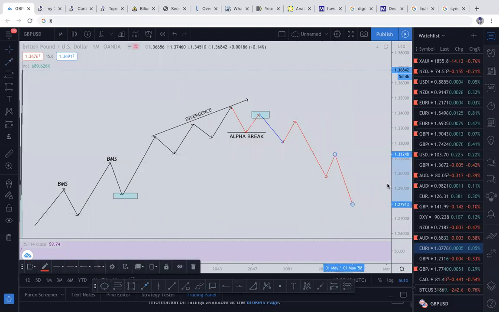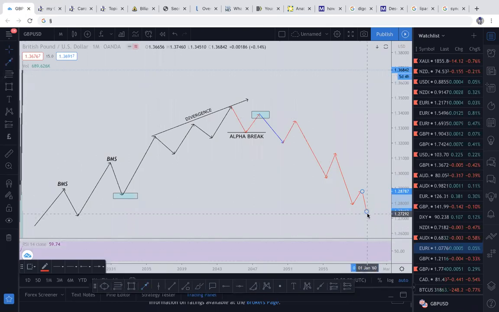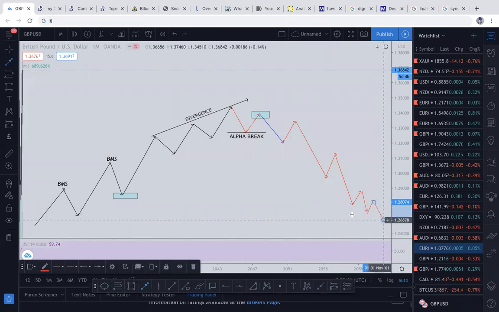And again, as it's reaching the bottom area, we want to be seeing price do short highs, lows, highs, lows. And in this area, once again, we want to see that divergence thing.